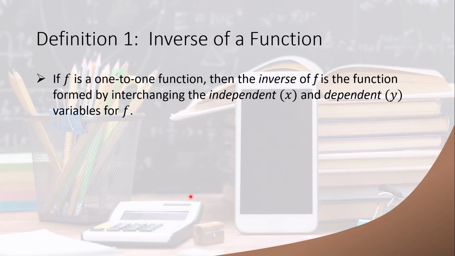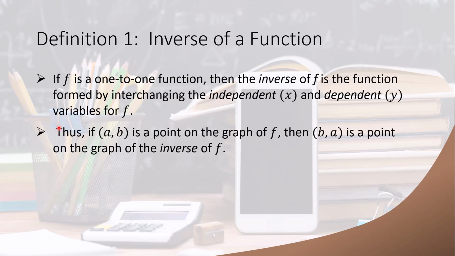And this brings us to our formal mathematical definition. If f is a one-to-one function, then the inverse of f is formed by interchanging x and y for f, and then solving for y again.